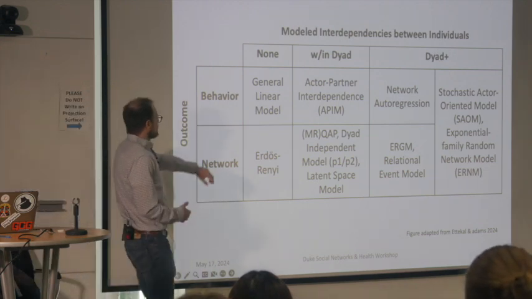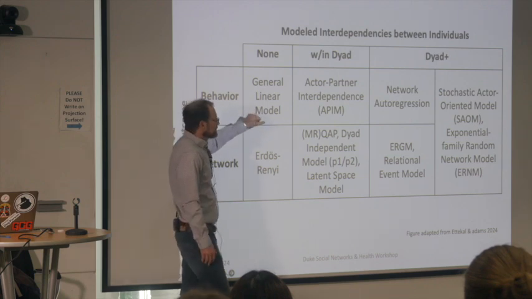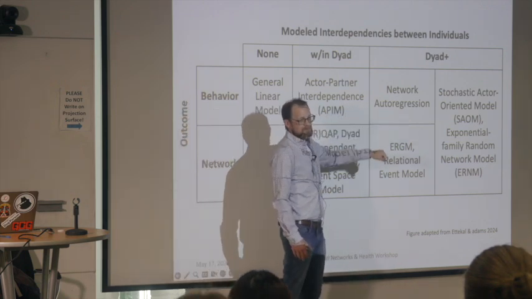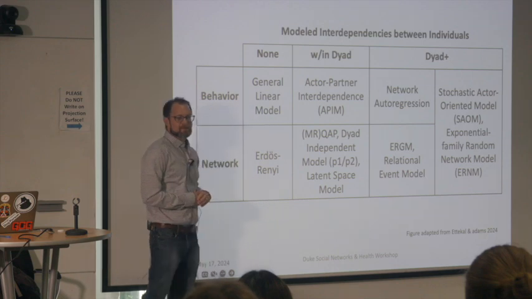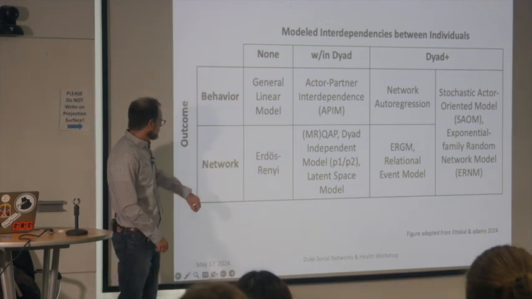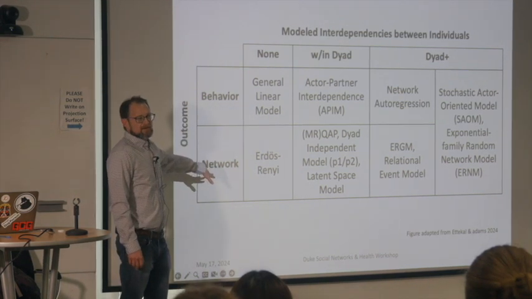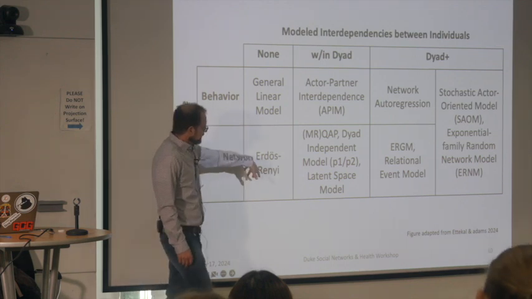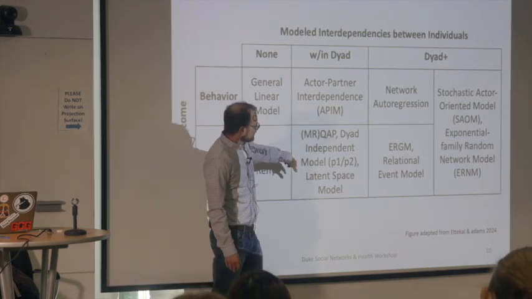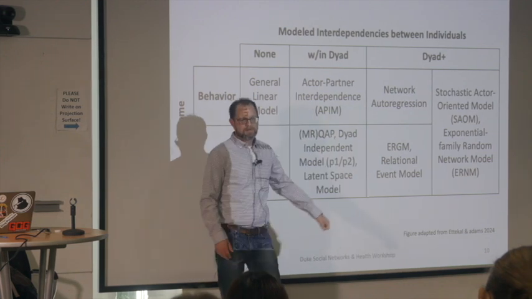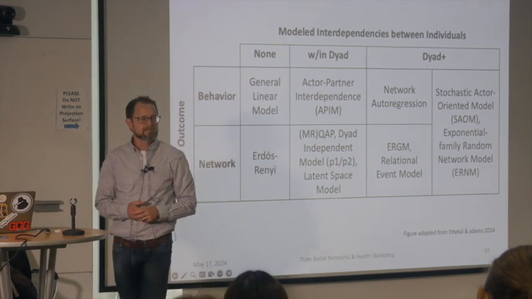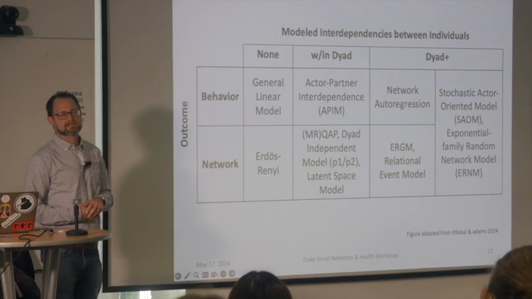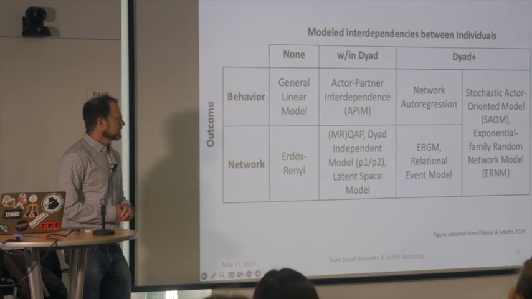The general linear model may not be accounting for anything, but as we get up to some of these other models, we're accounting for interdependence between people in a network. We also have models where the network is the outcome: a QAP model, ERGM, TERGM, where the network is the outcome and individuals are more or less stable across time.